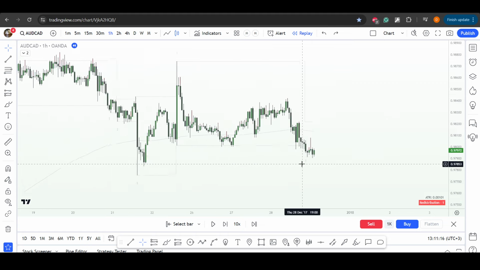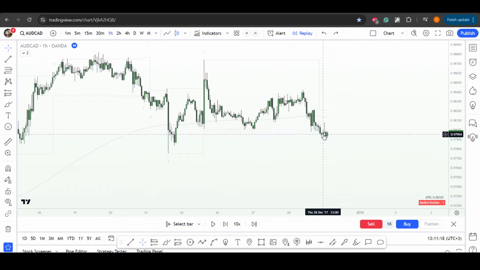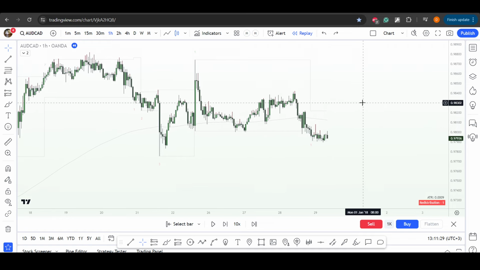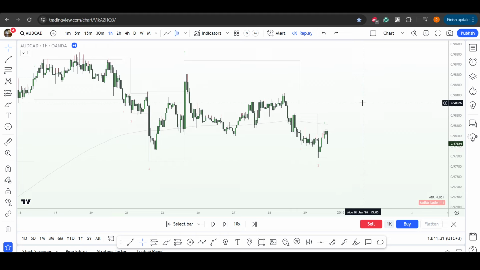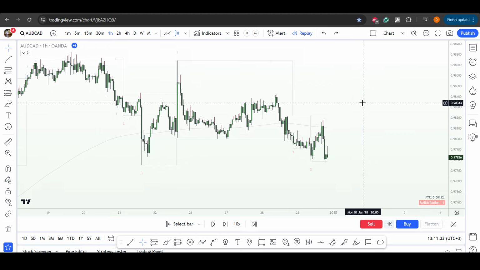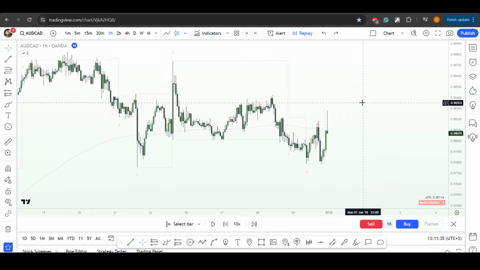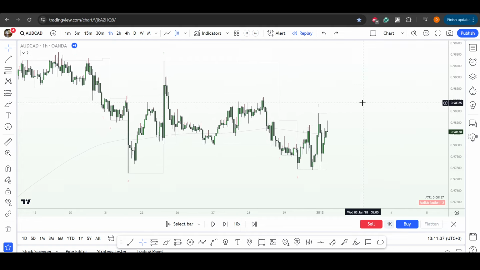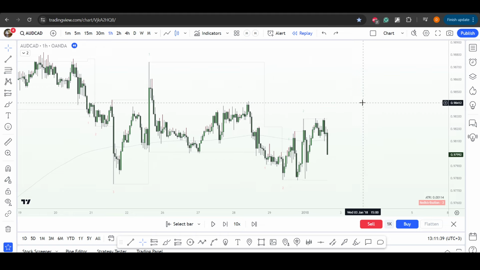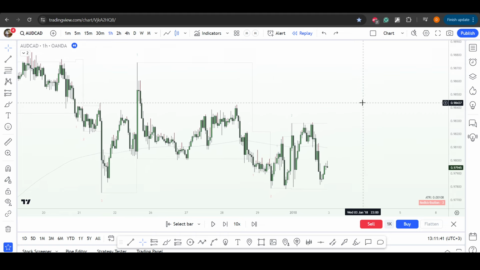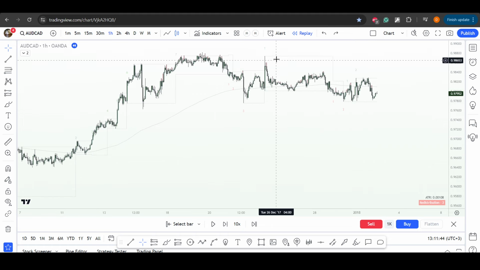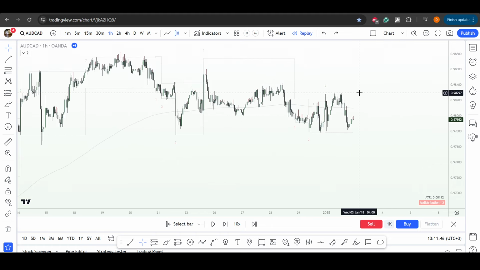So we are continuing to build price to the downside, and we have this impulse correction impulse. However, the impulse is weak, the correction is weak as well, so I will just miss it. Okay, still messy, but overall I see this market moving to the downside so far.